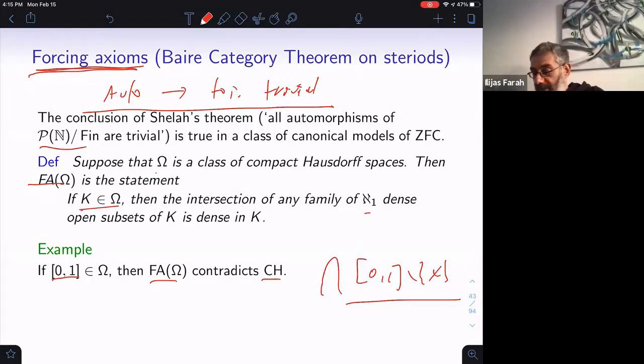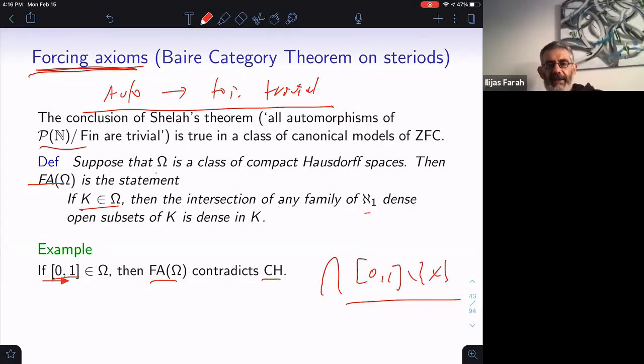So even the forcing axiom for this space is asserting that the continuum hypothesis fails in a specific way. Now, if you just look at other compact metrizable spaces, it's always the same axiom. Well, okay, without isolated points. If it's non-trivial, then it's the same axiom.